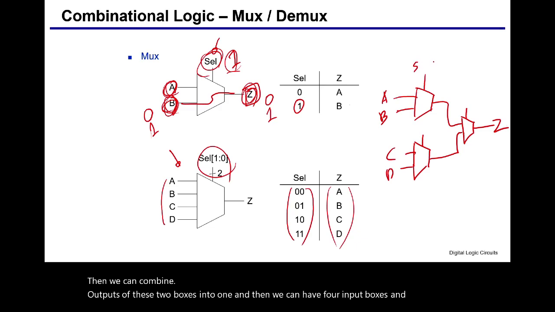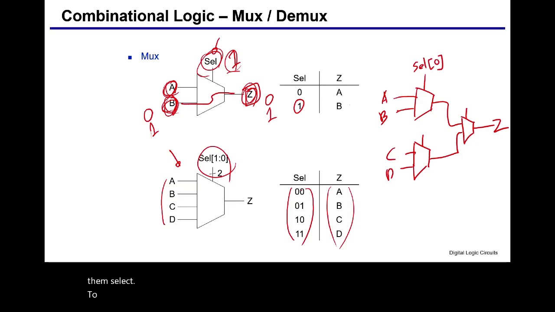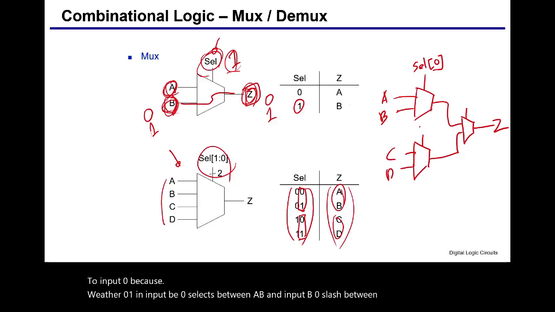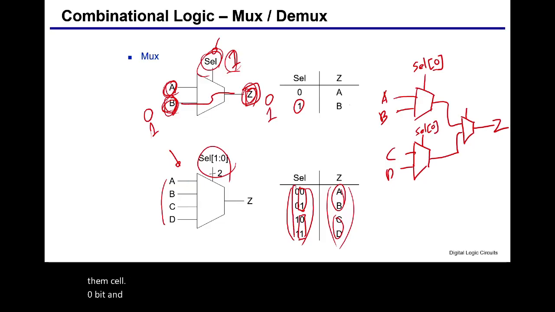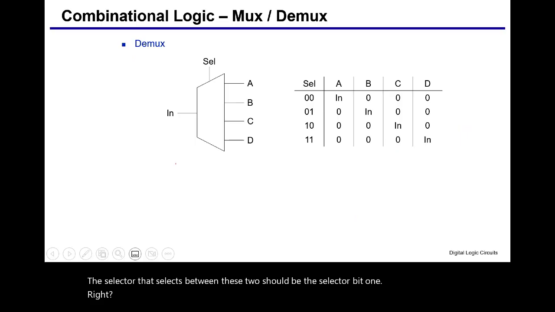Here we give them selector bit 0, because selector bit 0 selects between A and B, and selector bit 0 also selects between C and D. And then the selector that selects between these two should be selector bit 1, right?